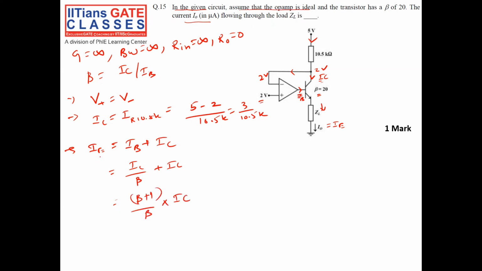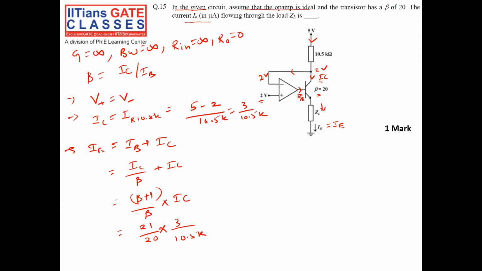IE is nothing but the current flowing through my emitter, in this case I0. Let us put the value of beta: 21 by 20 into IC, where IC is 3 by 10.5 kilo. Let us take a calculator and solve the question.